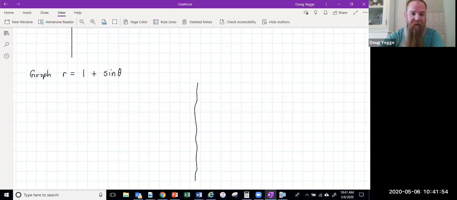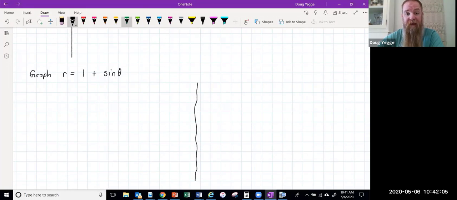Well, we could do the same exact thing here. We could come up with a list of r and theta values. But notice that in this case, the independent variable is theta. So if we pick certain theta values, they should give us the corresponding r values.